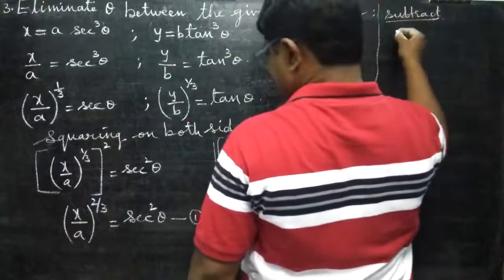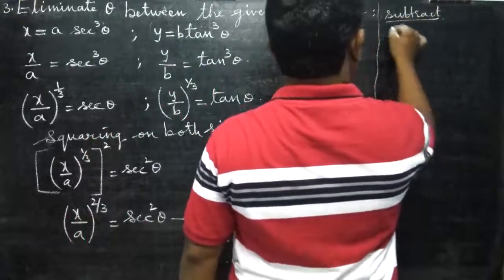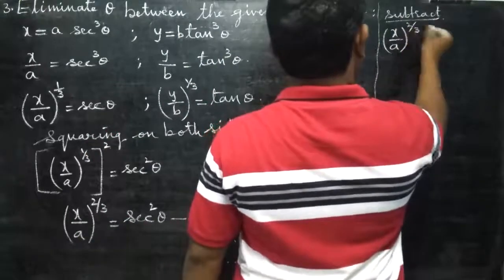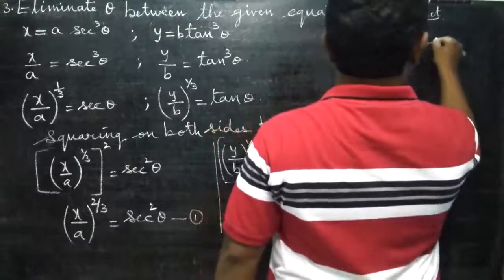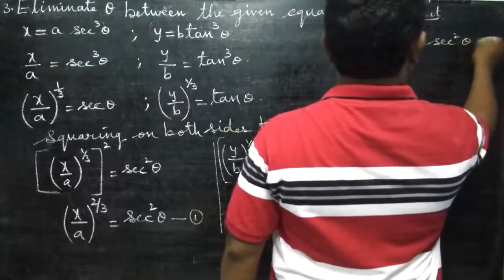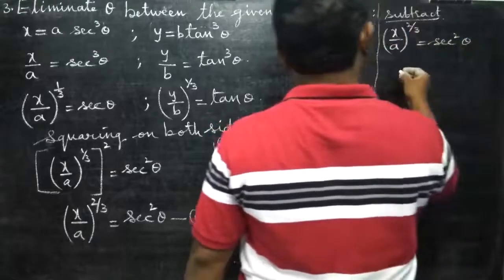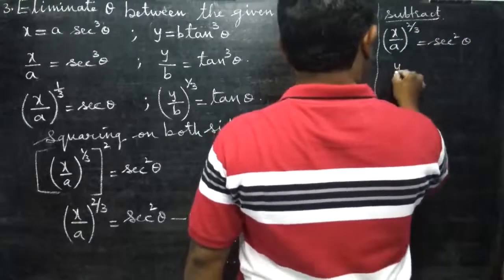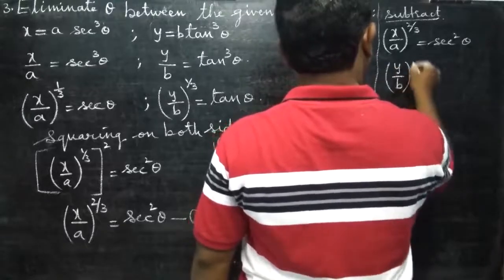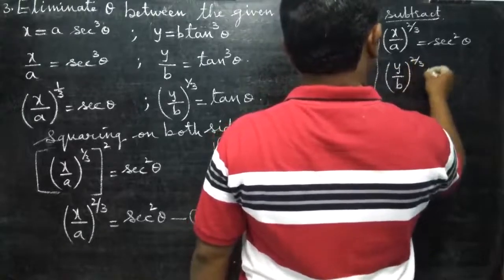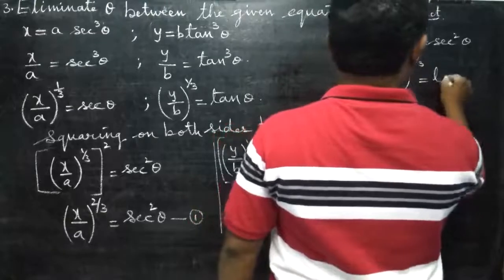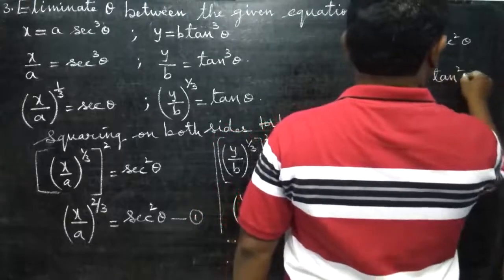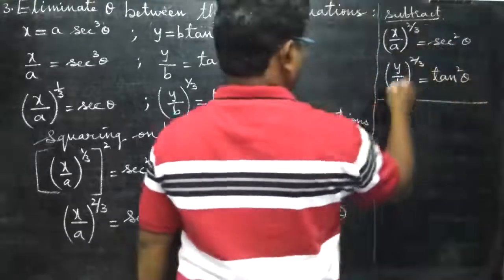Write equation 1: x by a whole to the power of 2 by 3 is equal to sec square theta. This is equation 1 that we wrote. Next, y by b whole to the power of 2 by 3 is equal to tan square theta. Now I said subtract, so minus.